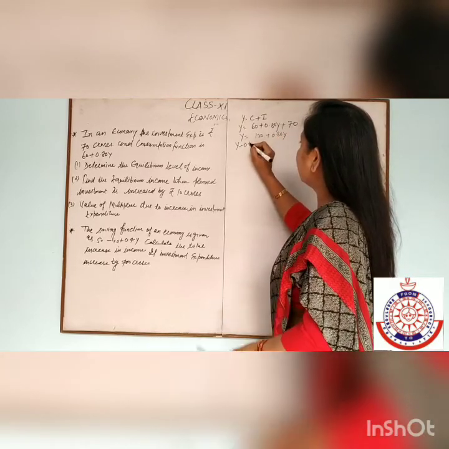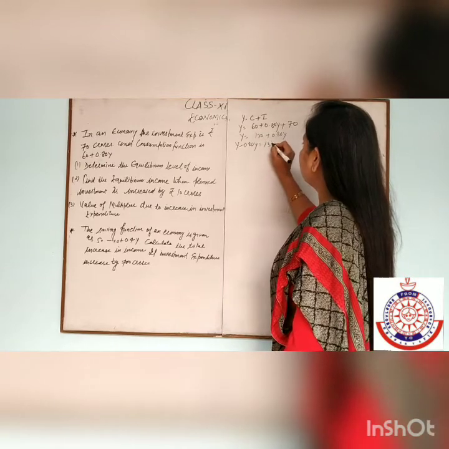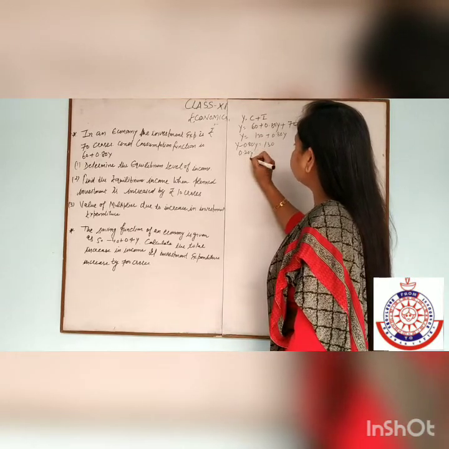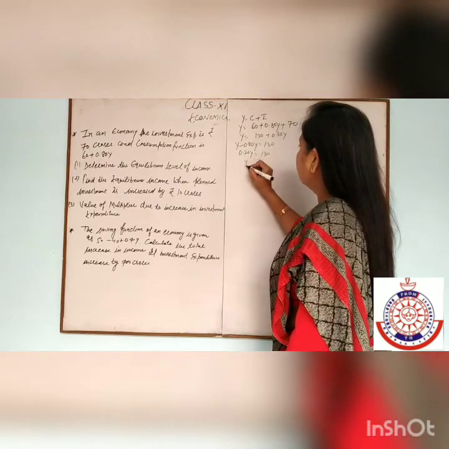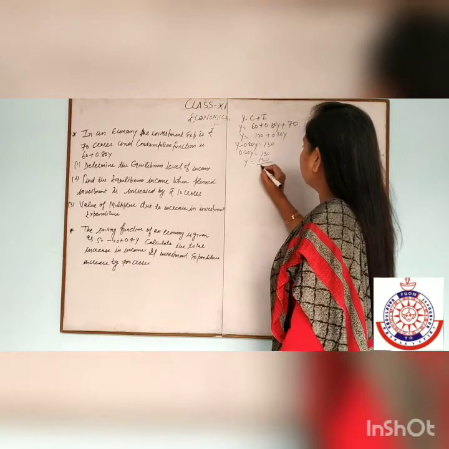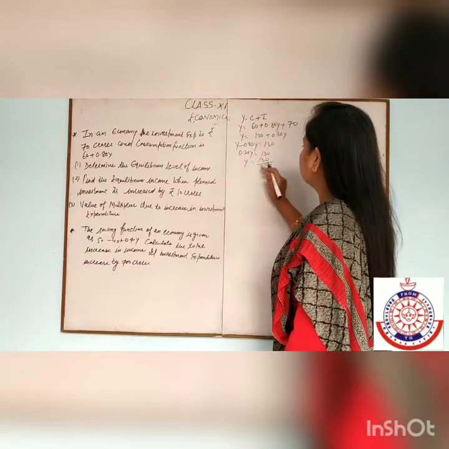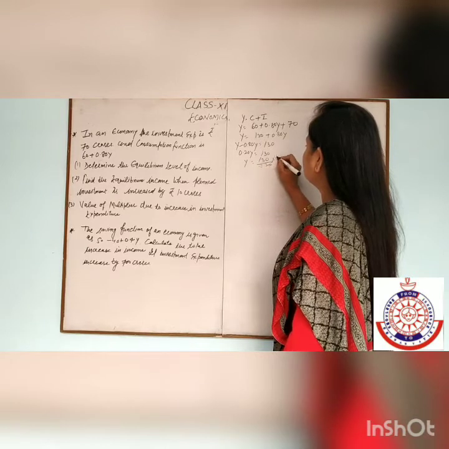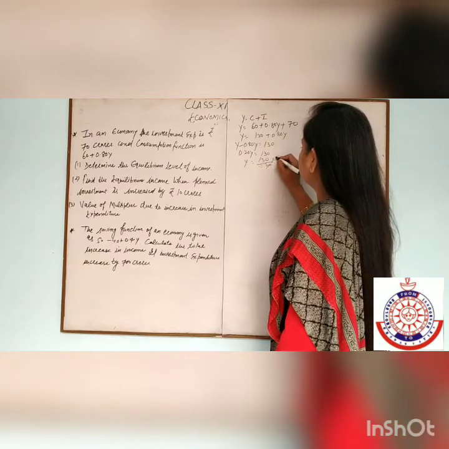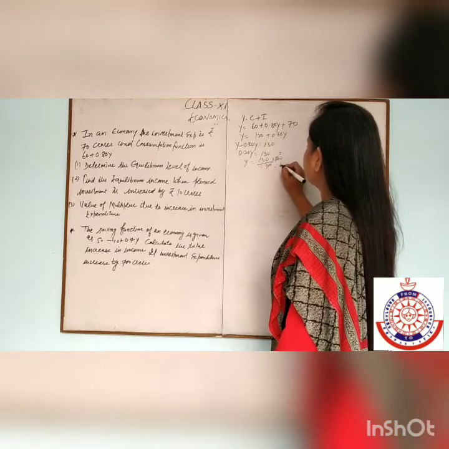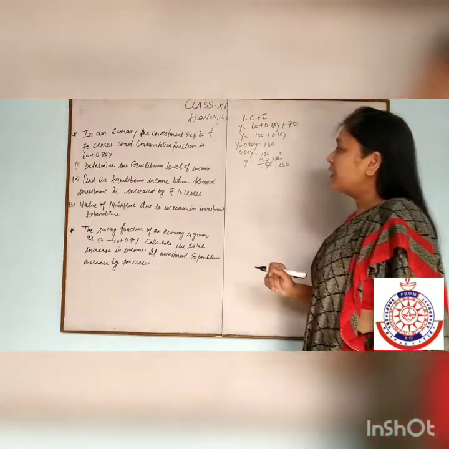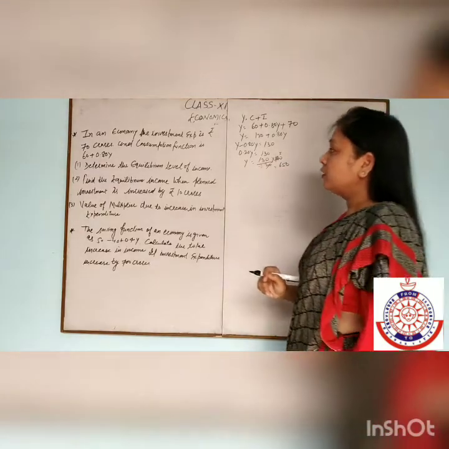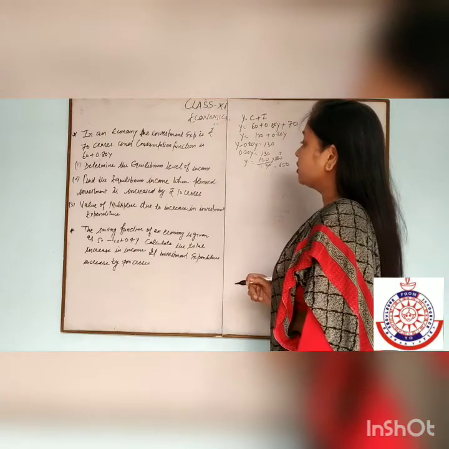Y minus 0.8y, that is equal to 130. Now here Y is equal to 650. The determination of equilibrium level is 650.